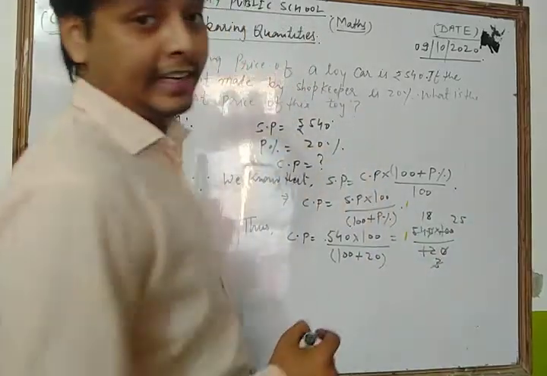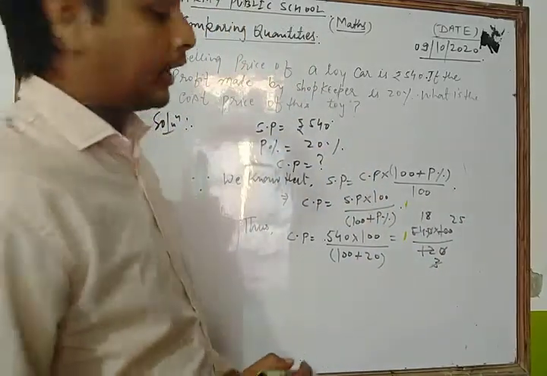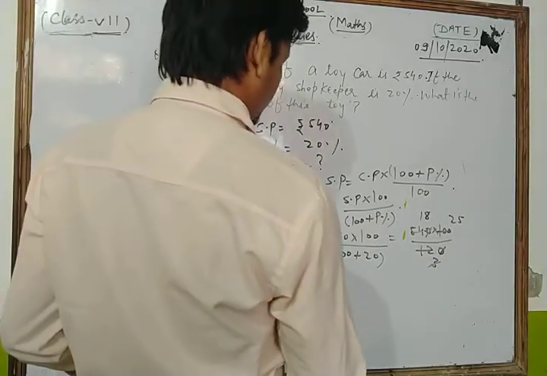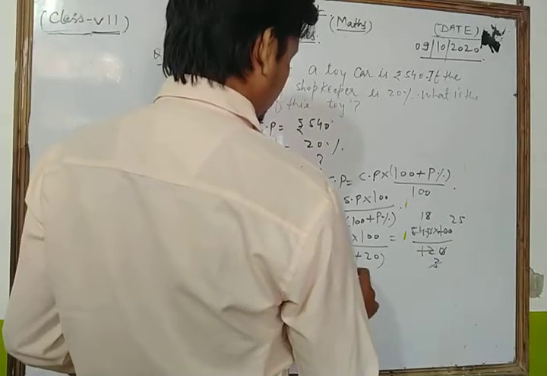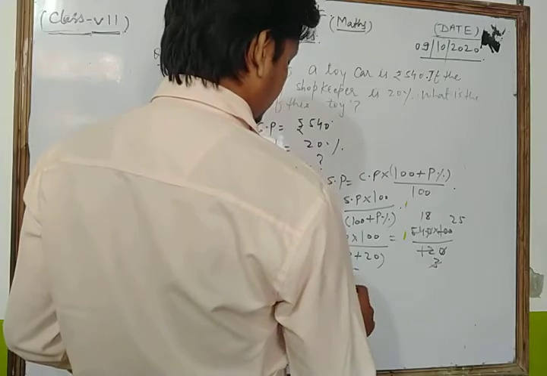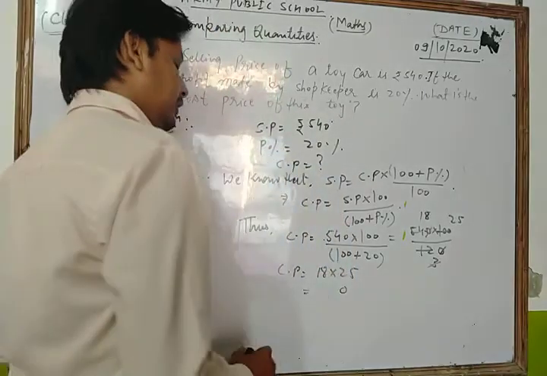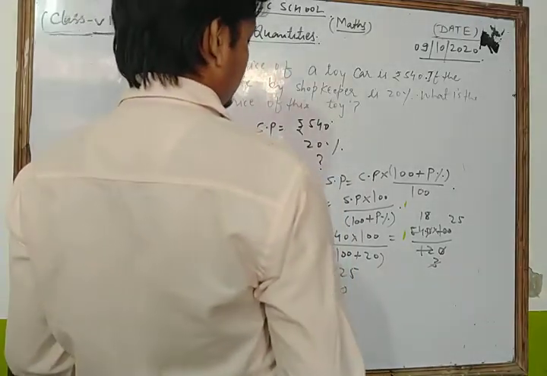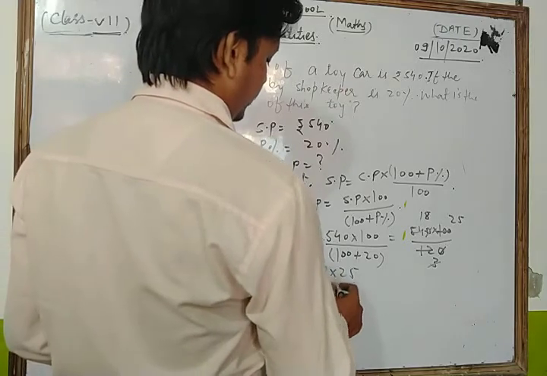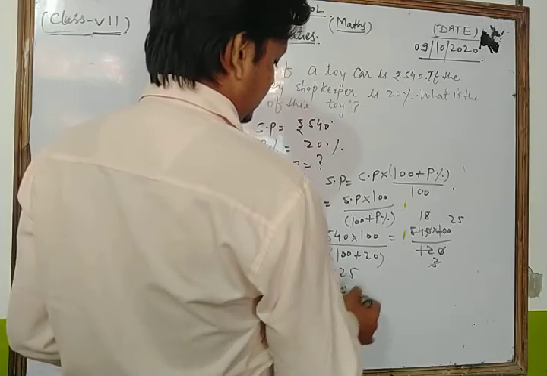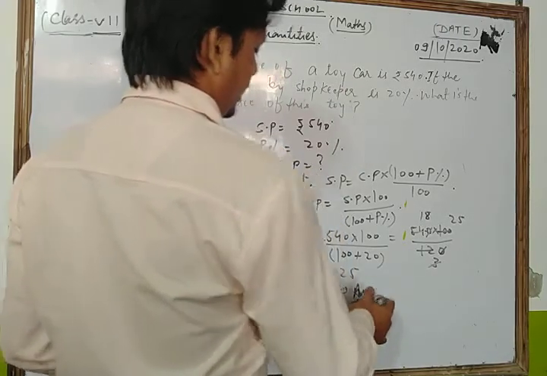Now we have 18 into 25. Cost price is equal to 18 into 25. Now look, 9, 18 to the 36, 45, rupees 450. This is our required answer.